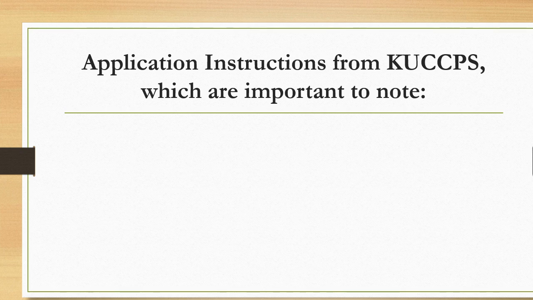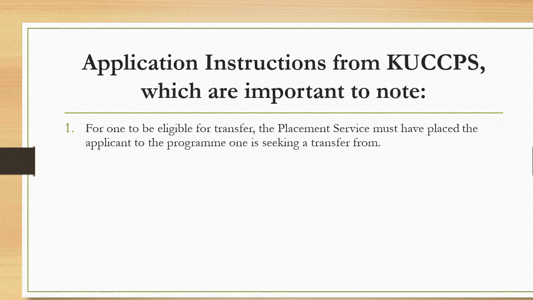But whether you are transferring from one college to the other, or from one university to the other, the procedure and the requirements are the same. Kuccps prefers that you have done this: for one to be eligible for transfer, the placement service must have placed the applicant to the program one is seeking a transfer from. So this should have come early, so you don't just start recreating a process that didn't exist.